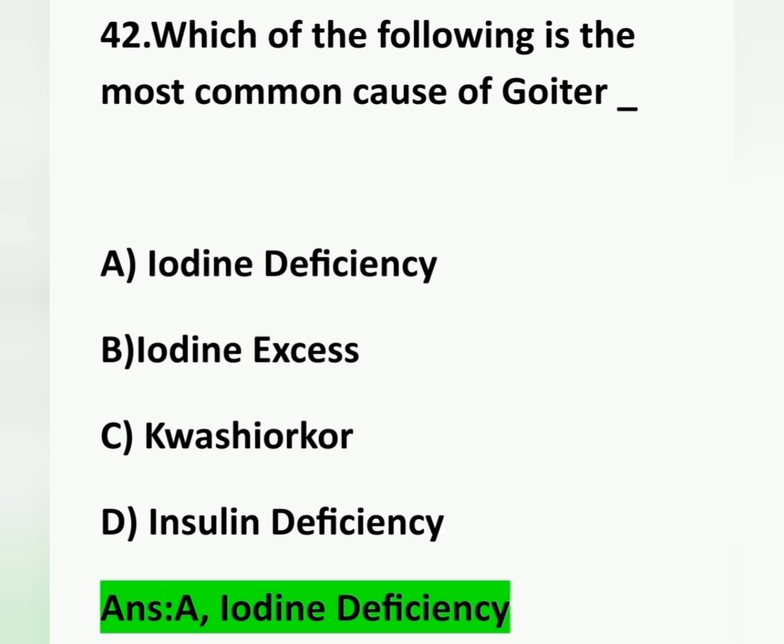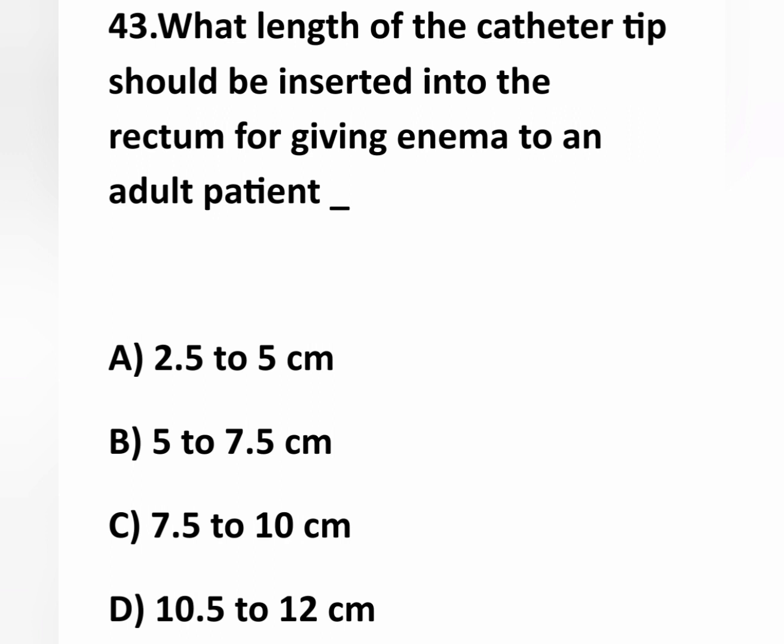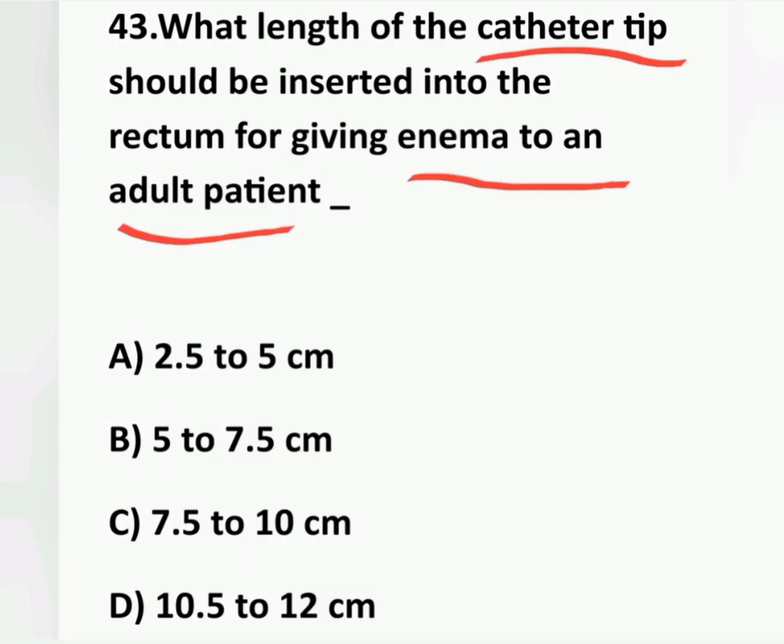The next question, what length of the catheter tip should be inserted into the rectum for giving enema to an adult patient? Options, option A 2.5 to 5 cm, option B 5 to 7.5 cm, option C 7.5 to 10 cm, and option D 10.5 to 12 cm.